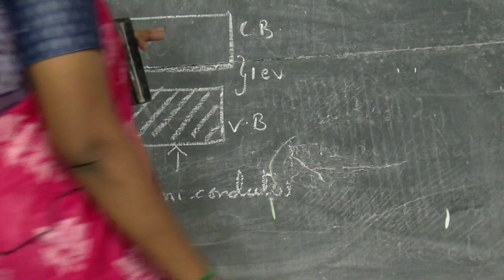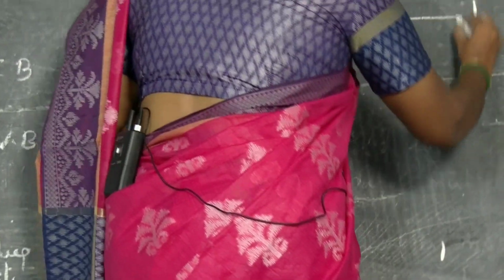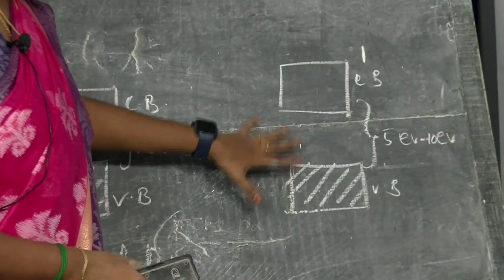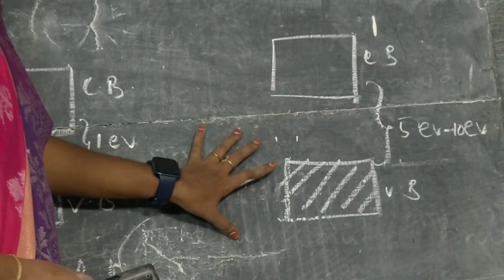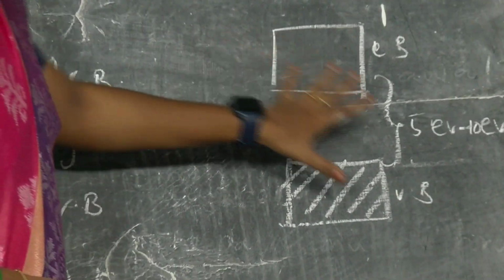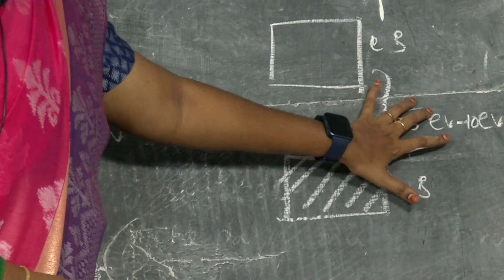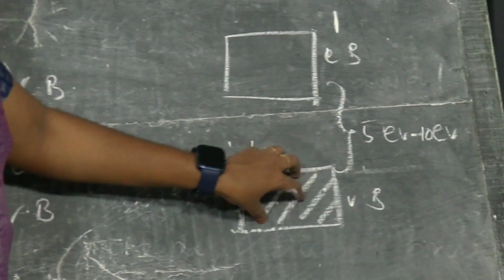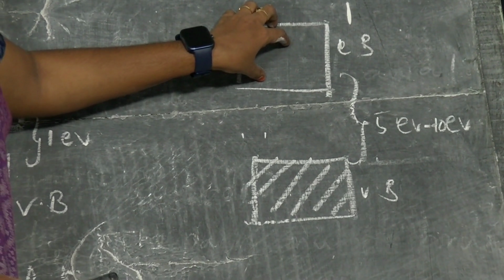Next we are going to see the insulator. Here it is clearly seen that there is a large energy gap between the valence band and conduction band, that is 5 electron volt to 10 electron volt. So the valence electrons present in the valence band cannot move to the conduction band to conduct electricity.